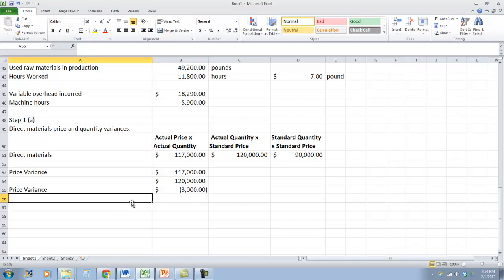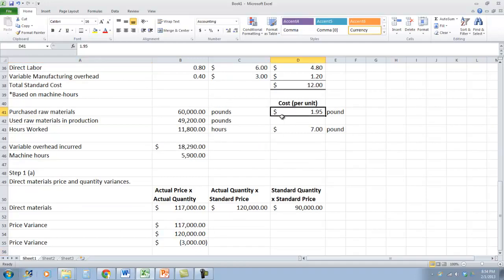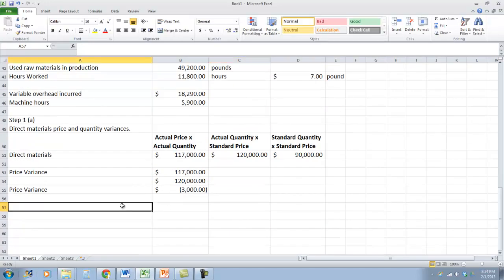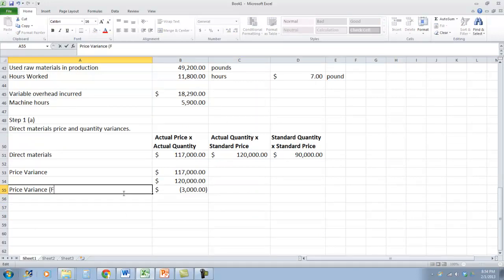And since our actual price times actual quantity was less than our actual quantity times our standard price, that means that the pricing was different. And that should make sense because we paid $1.95 per pound, but our standard cost says $2 per pound. So it is favorable.